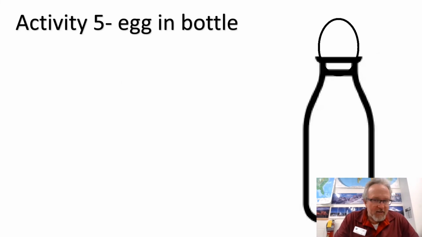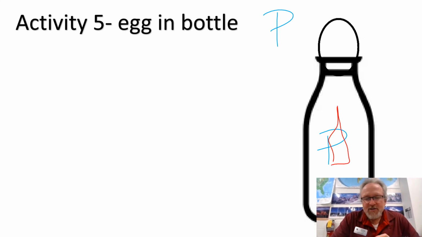Now, the egg in the bottle activity. We saw that the egg would not fit into the bottle. I get it. Because there was a pressure out here and a pressure out here that was the same. But then I took some paper and I lit it on fire and I put it into the bottle. Well, fire needs oxygen.